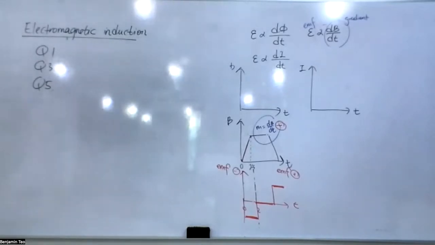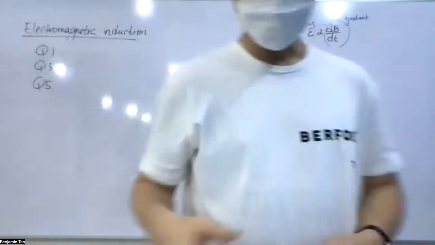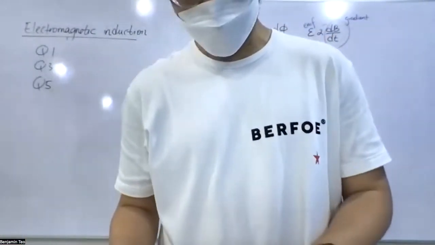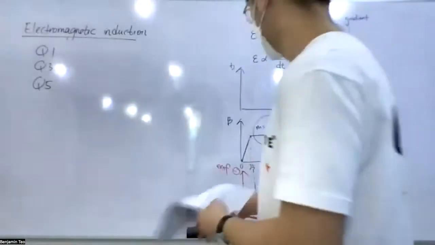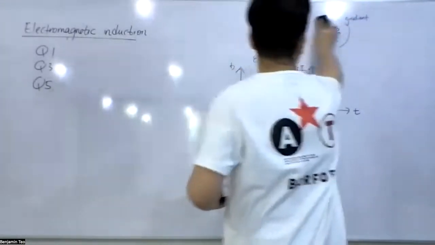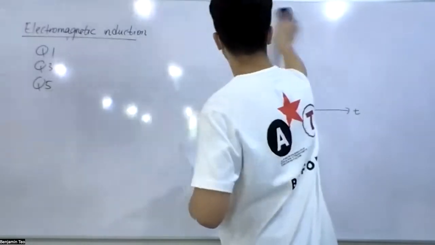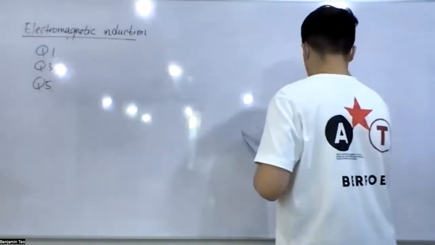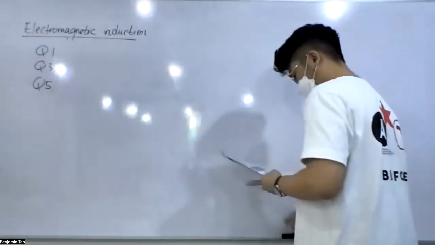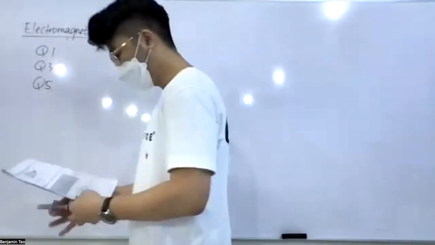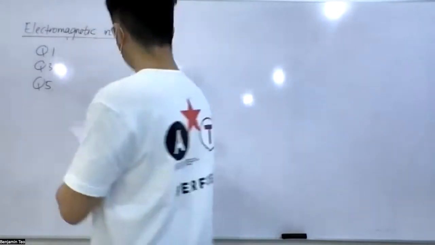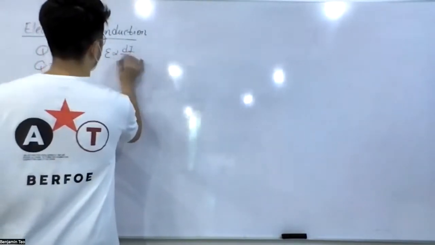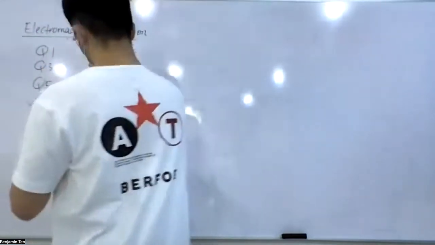Right. Look at number 1. Okay, we have IT graph, E proportional to dI/dt.